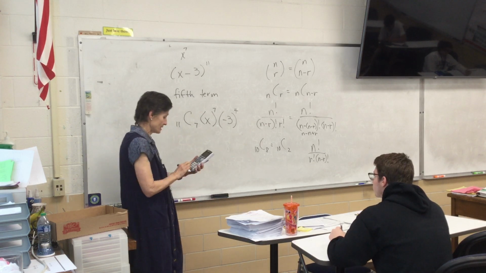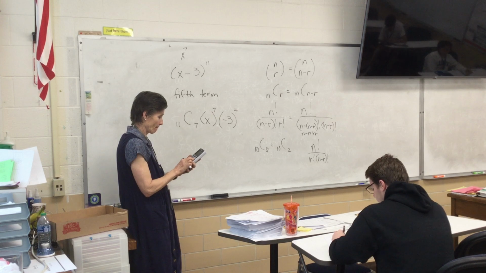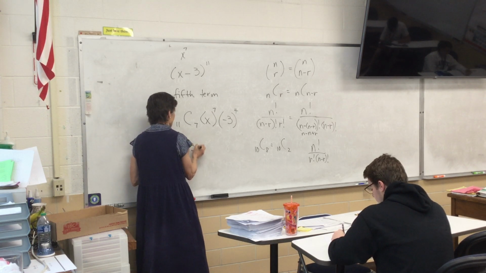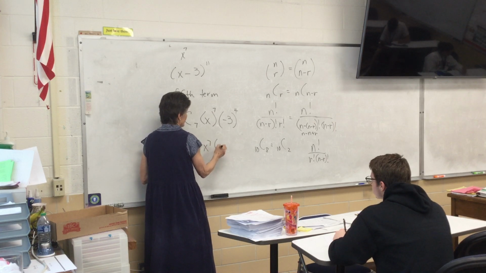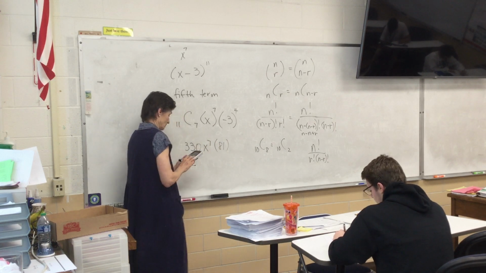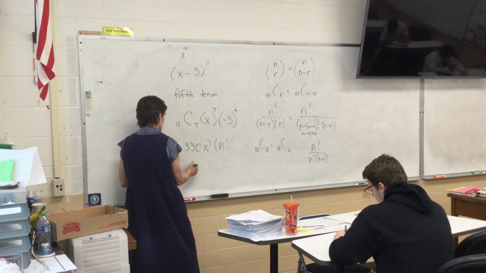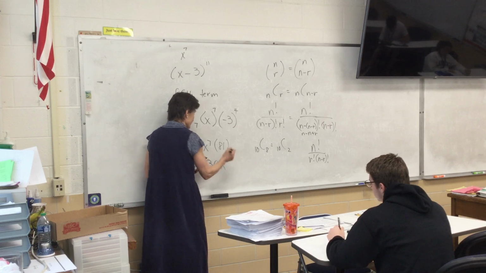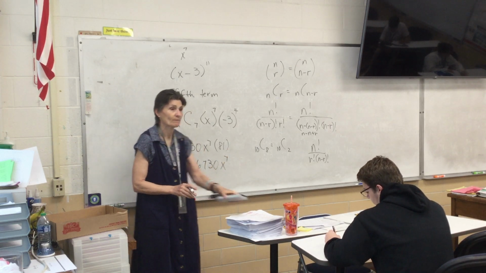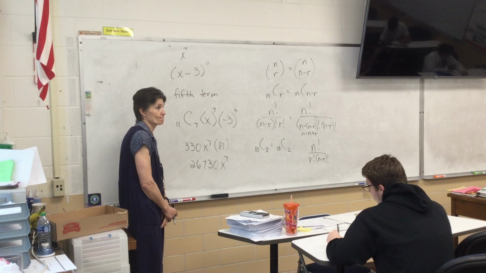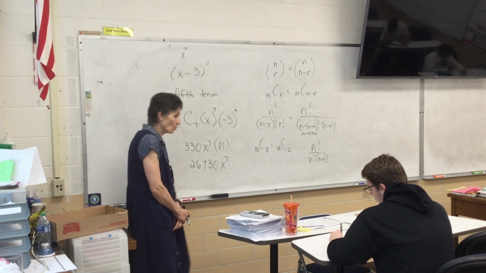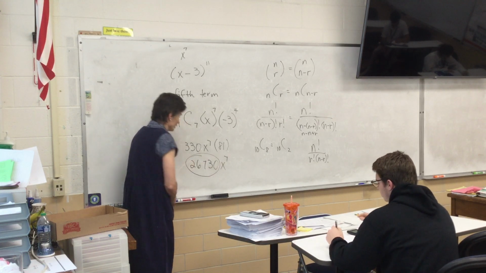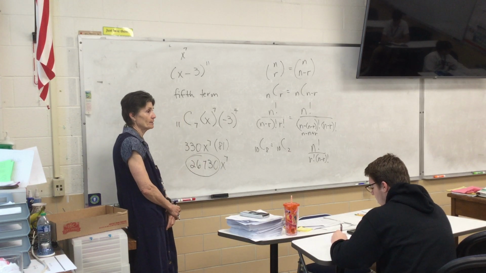So 11C7 is 330, x to the 7th and 81. So that term is 26,730 x to the 7th. Did I do that too fast? Would everybody agree with that? So the question was, find the coefficient. The answer is 26,730.